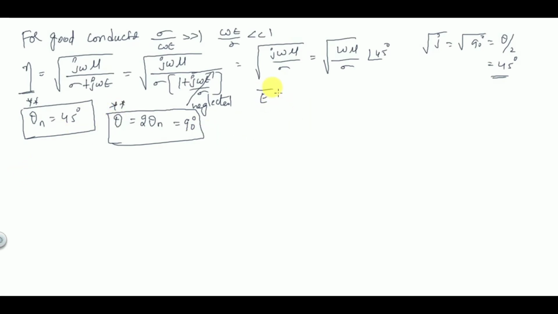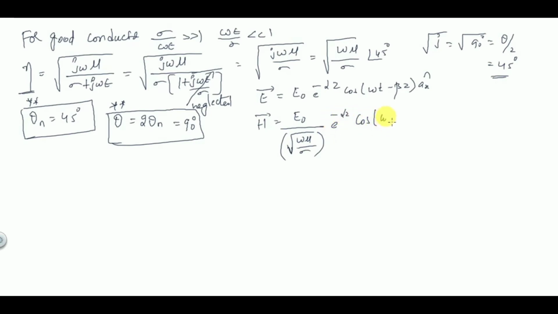So when E bar is equal to E naught into e power minus alpha z cos of omega t minus beta z a x cap, then what will be the h bar component? It will be E naught by intrinsic impedance magnitude, so root of omega mu by sigma, e power minus alpha z into cos of omega t minus beta z minus 45 degrees a y cap.